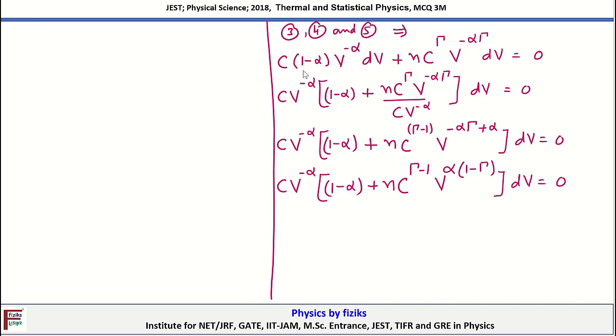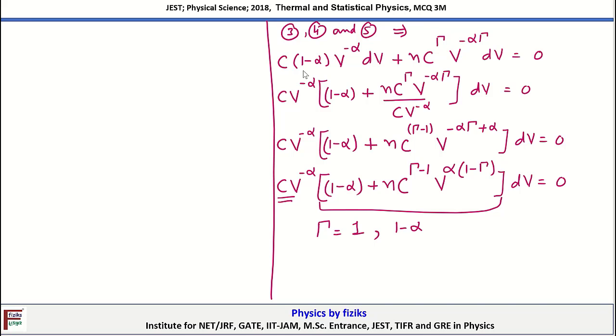So from here we notice that this is going to be equal to 0 because this cannot be equal to 0. So this is equal to 0 only when gamma is equal to 1. When we take gamma equal to 1, the expression inside the bracket gives 1 minus alpha, c power gamma minus 1, so c power 0 that will give us 1.